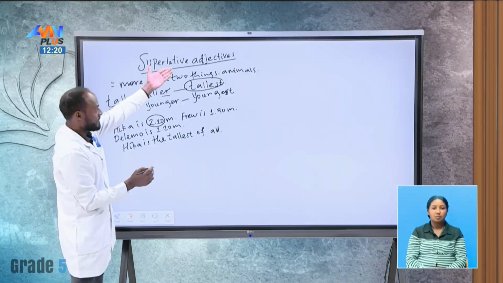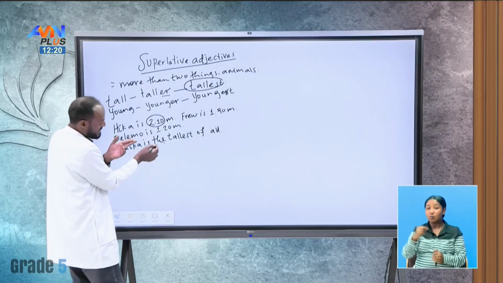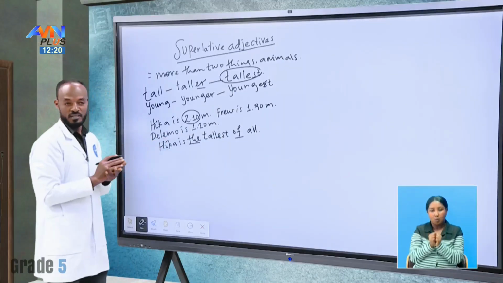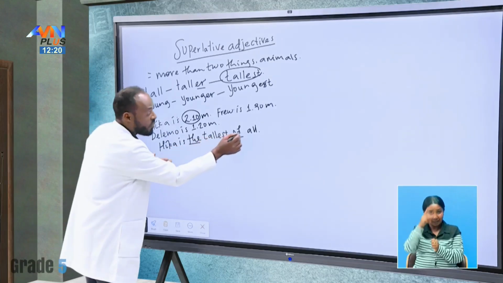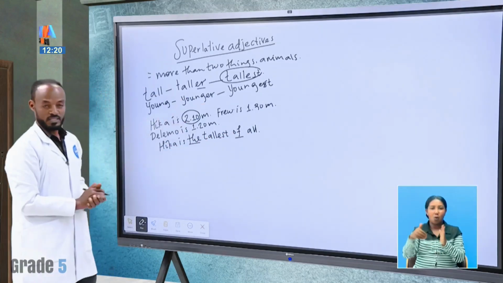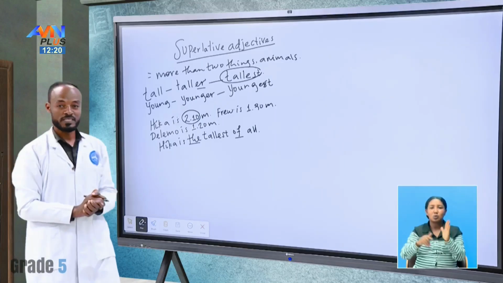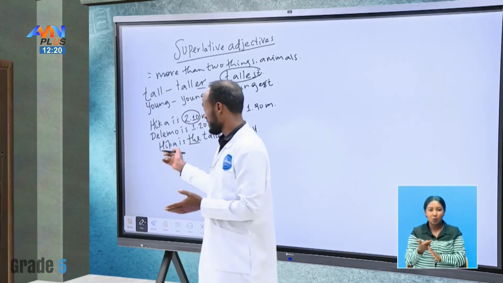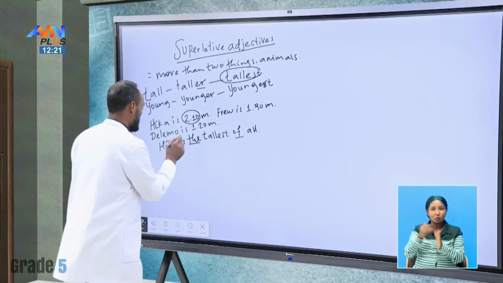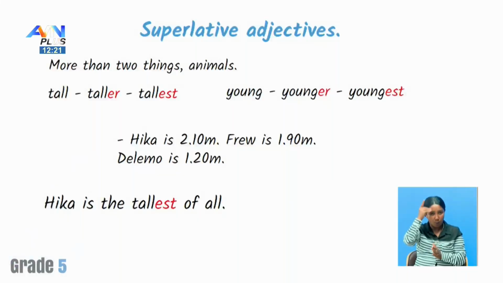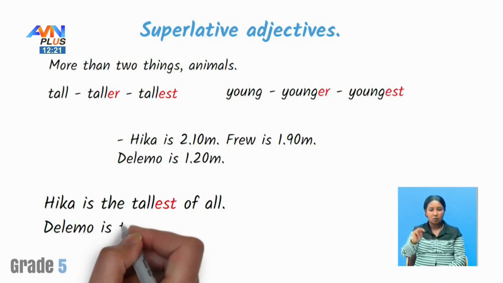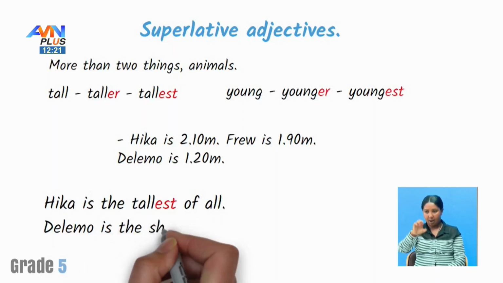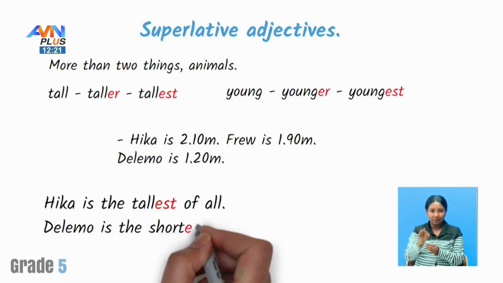In superlative adjectives, we have to use the structure with of. Hika is the tallest of all. So who is the shortest? Who is the shortest? I hope it's clear. The shortest is Delemo. Delemo is the shortest of all.